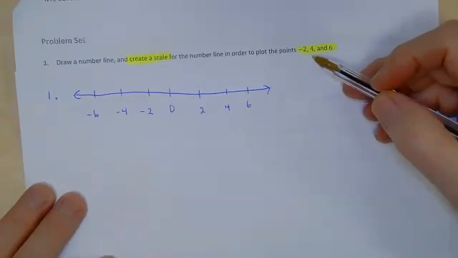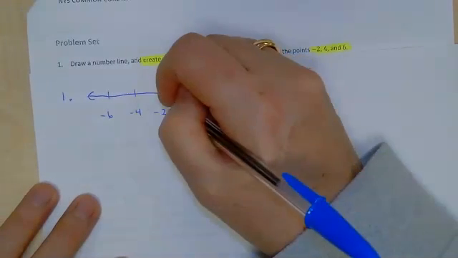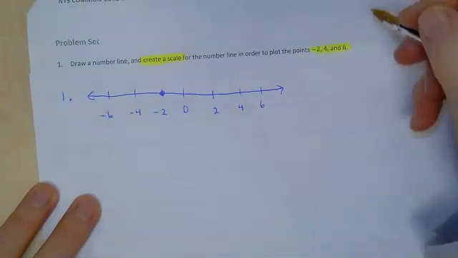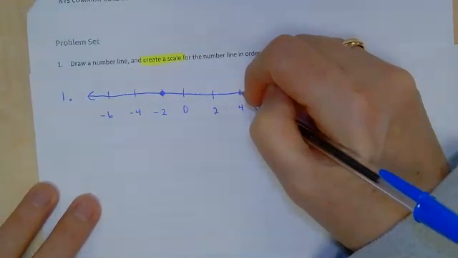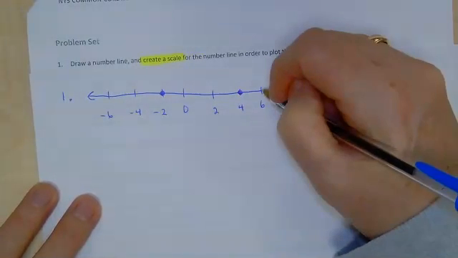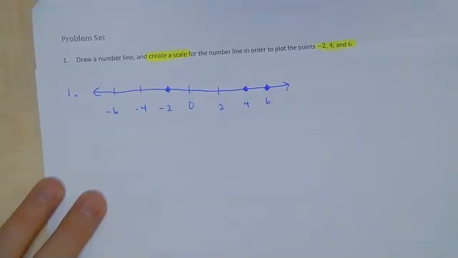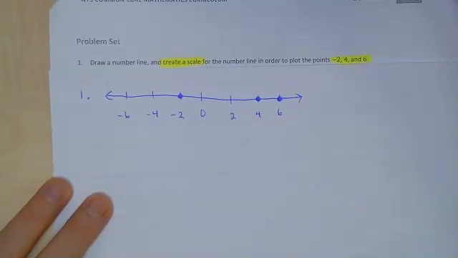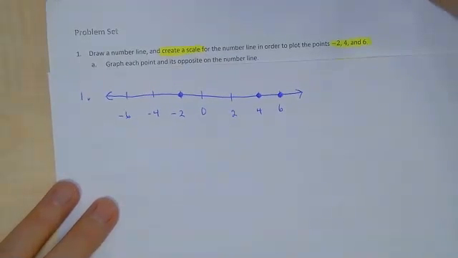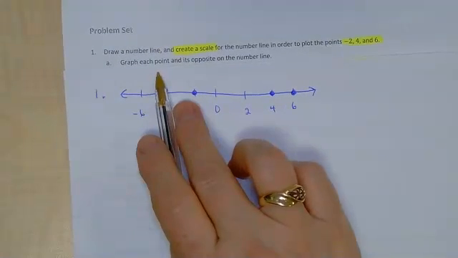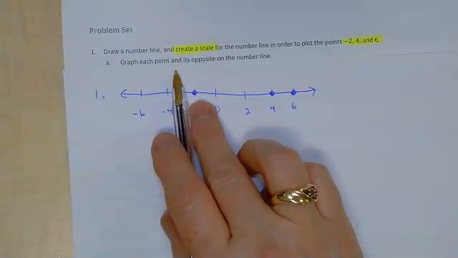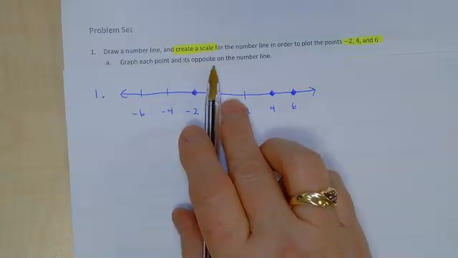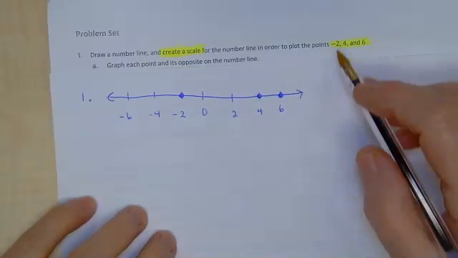So we're going to plot these points, -2, +4, and +6. Okay? So once your number line looks like that, let's go down and take a look at the next one. So let's graph each point, which we just did. And now it says graph its opposite on the number line. Okay? So let's go up here and look.